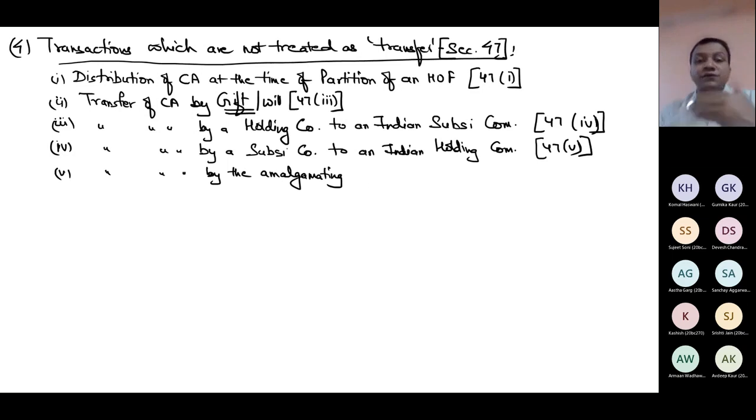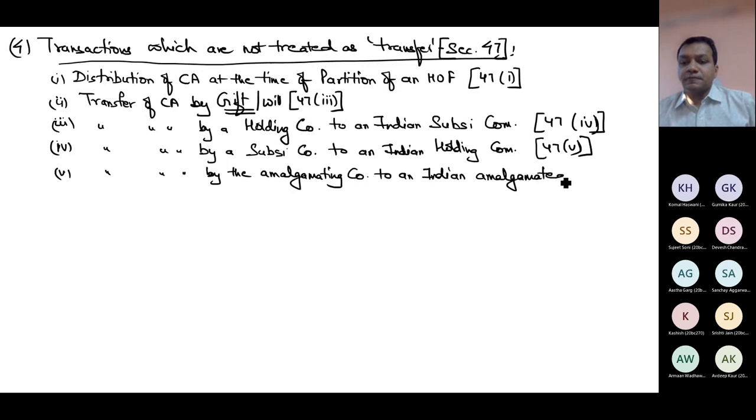Amalgamating is the transferor which is going to be merged. Amalgamated is the one in which this company will be merged. Amalgamating company to an Indian amalgamated company. 47.6.